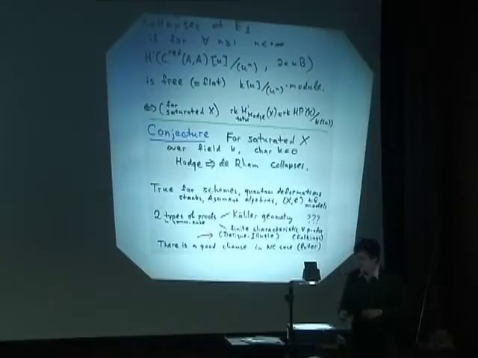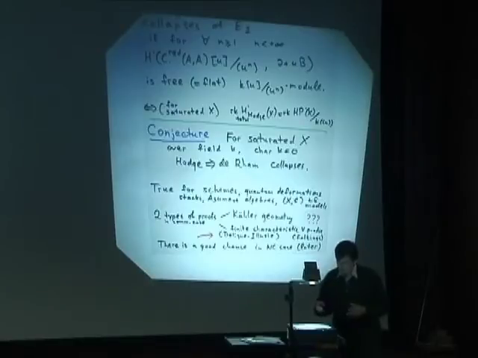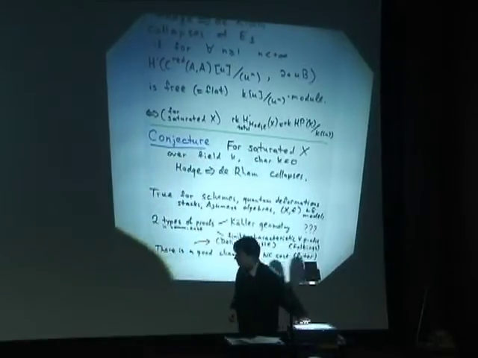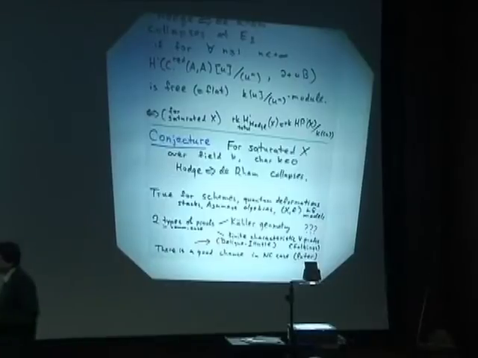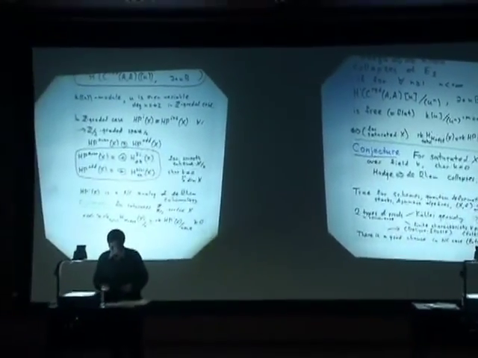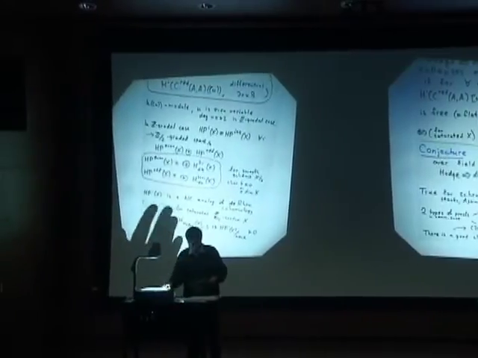And for Kähler geometry, I have absolutely no idea what it means in the non-commutative derived setting. So it probably should be some new idea, but it looks like there is a good chance that this finite characteristic method works in the non-commutative case. I will tell about this later. So we have this conjecture about collapse.